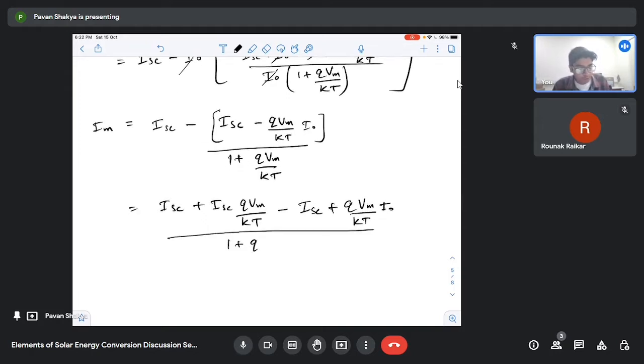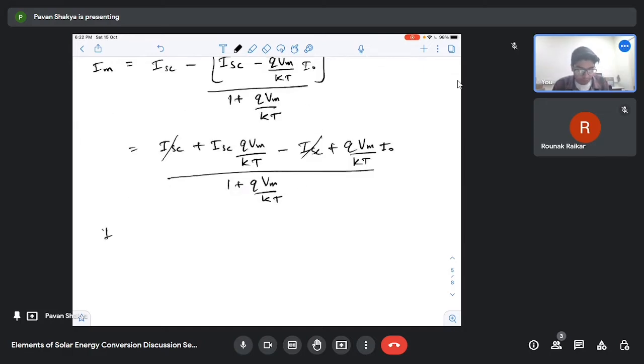This will be 1 plus QVm divided by KT. So this ISC will cancel out, and we can write Im equal to this. If we take QVm by KT outside, then in the bracket there will be only ISC plus I naught, and this will be divided by 1 plus QVm divided by KT.